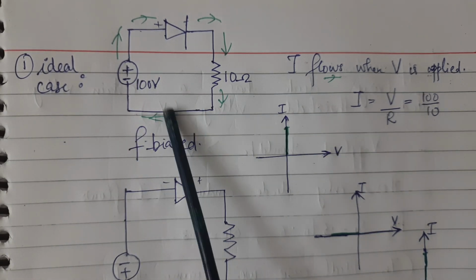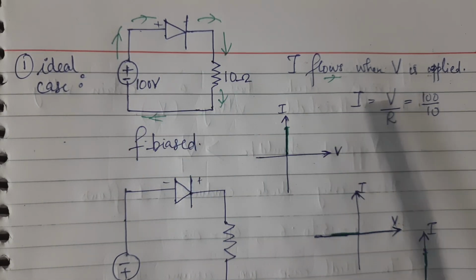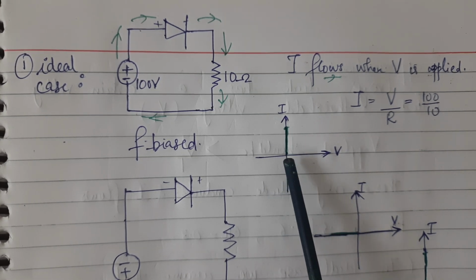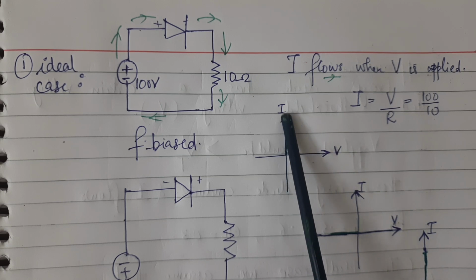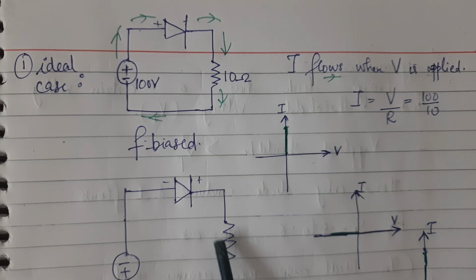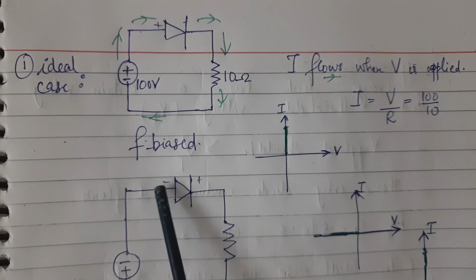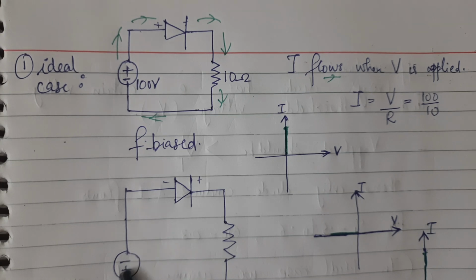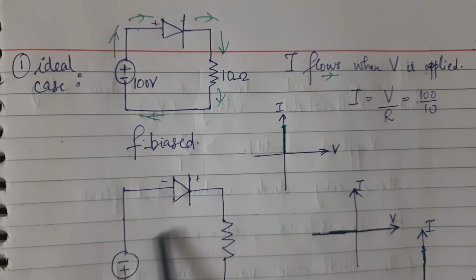Okay, and we will be getting the current and voltage at different points, right? And we can see in that VI characteristics, even for a very small voltage, the current starts increasing. Then in the reverse bias condition, this is the anode and this is the cathode of the diode. The anode is connected to the negative terminal and the cathode to the positive.